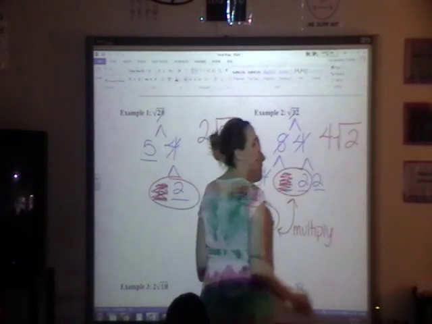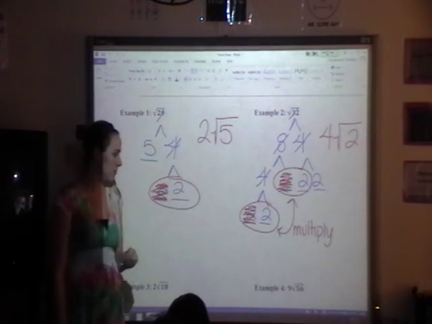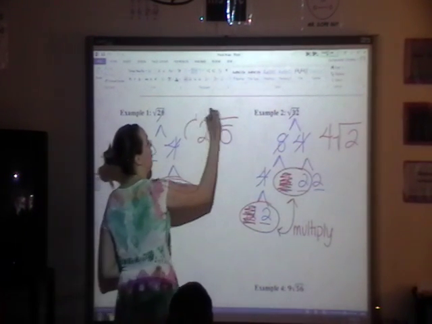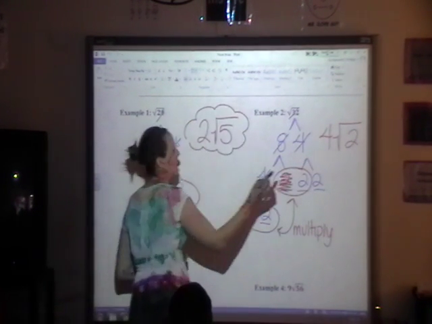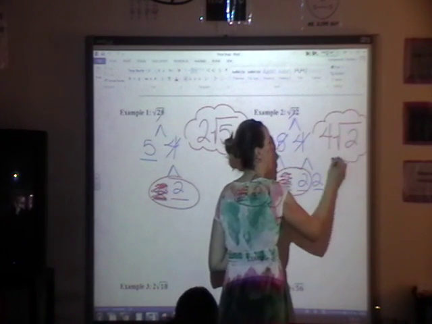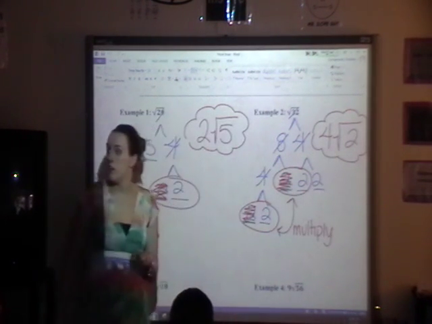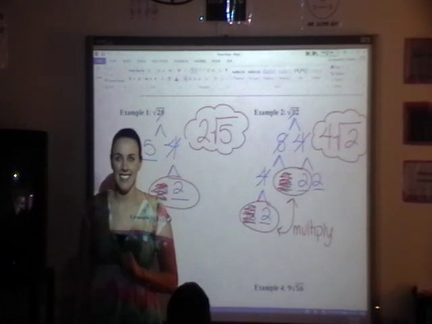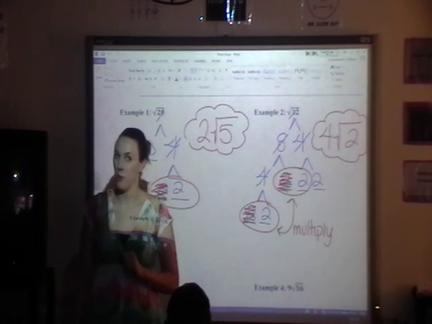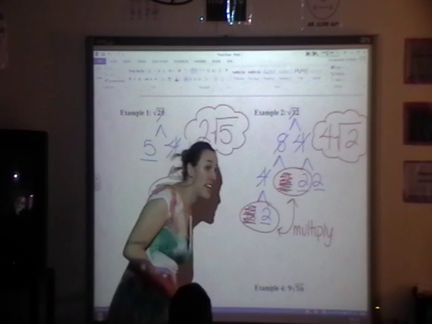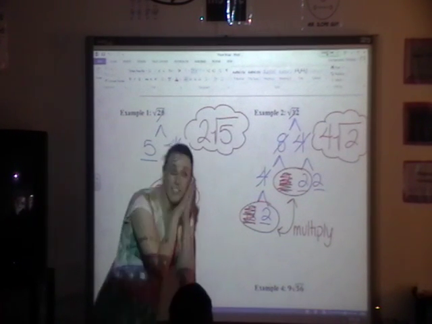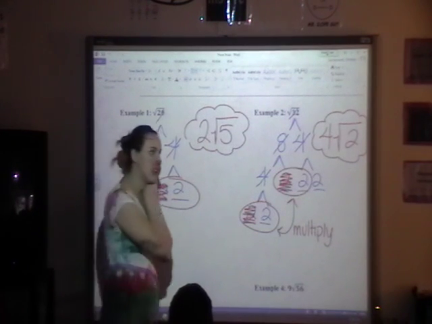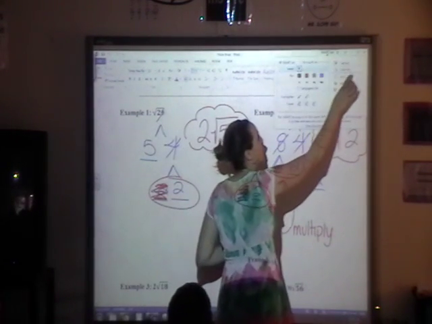So 2 is stuck. So the simplified radical form is 4 radical 2. Mind you, that if you have the square root of a perfect square, you should know that. Don't break it. Okay, so if I gave you the square root of 36, don't forget that you know the knowledge. You should know what the square root of 36 is. 6. Okay.